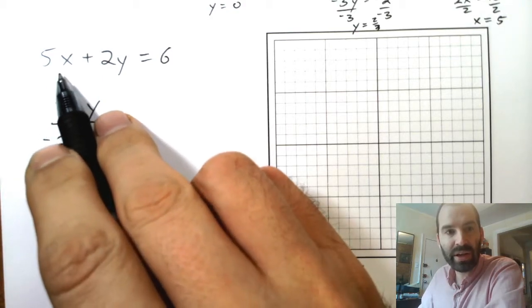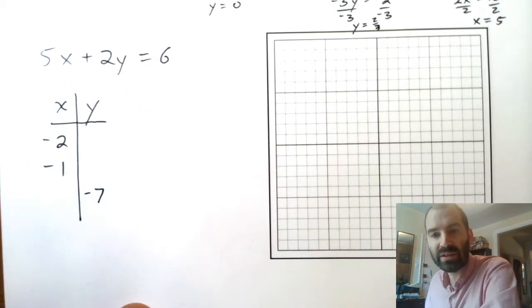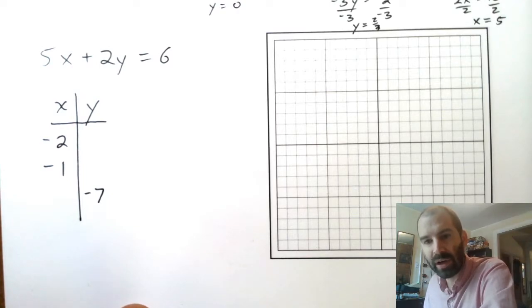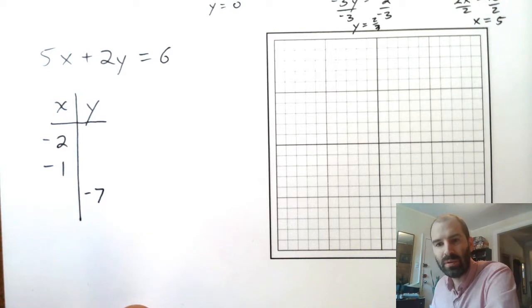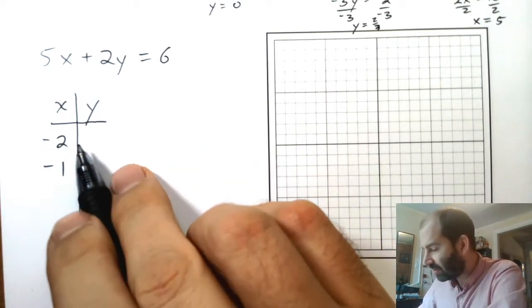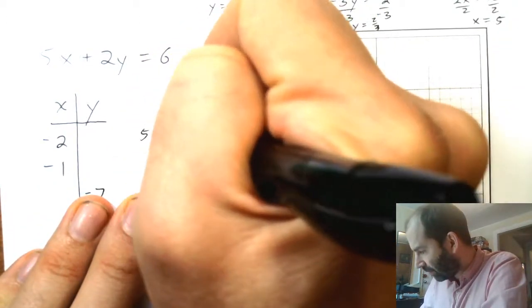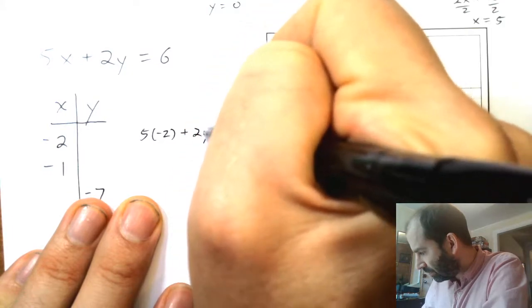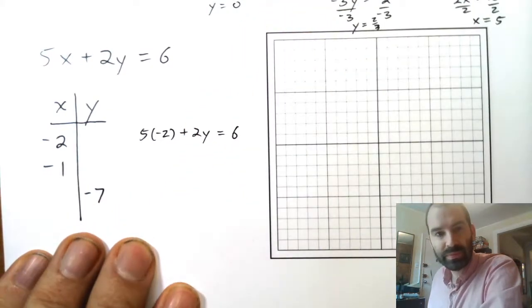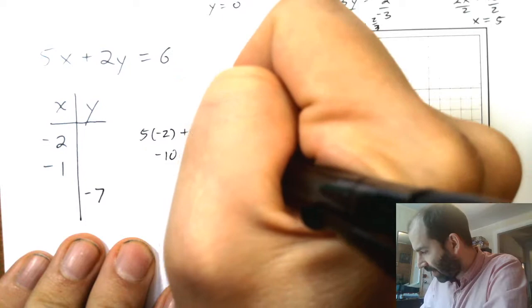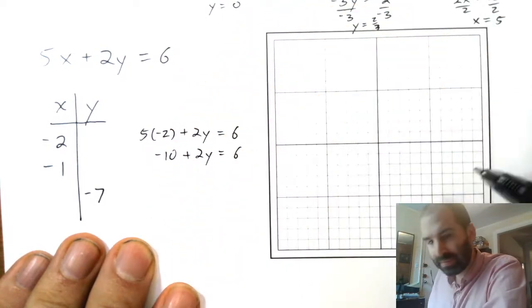All right, so you're going to plug in -2 for x and solve for y. All right, so pause the video, work it out, and we'll check our work together. Okay, welcome back. Let's check our work. So x is -2. Okay, so in place of x, I'm putting a -2. That's -10 plus 2y equals 6.